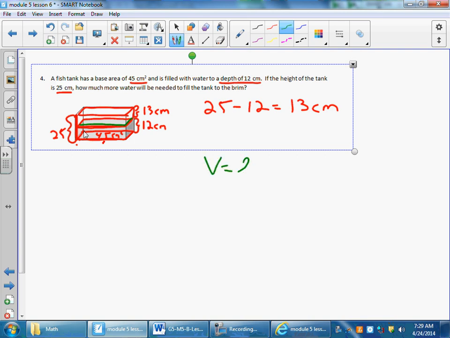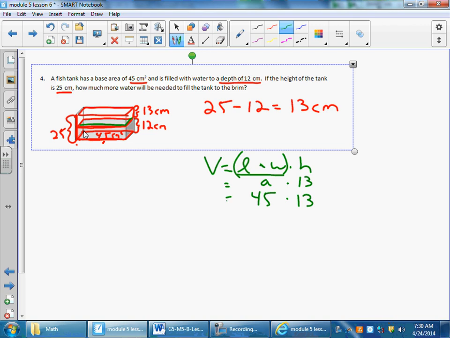Volume equals length times width times height. Length times width is your base area, or your area of one level. We know that the base area is 45. The height we're looking for is 13 centimeters.